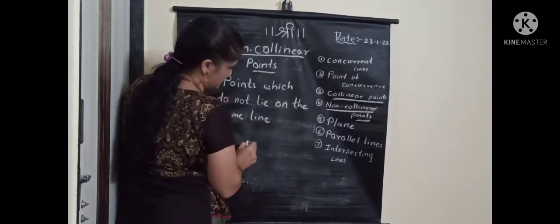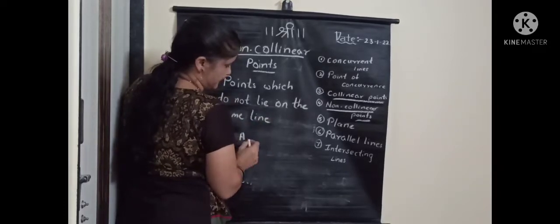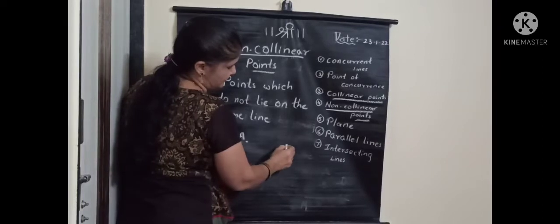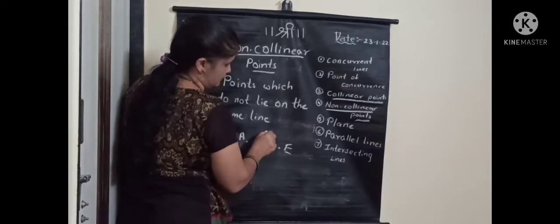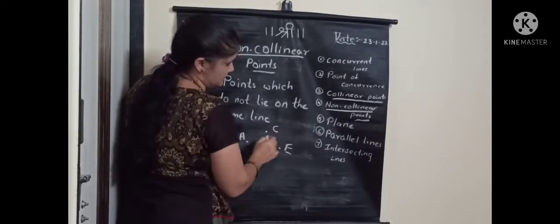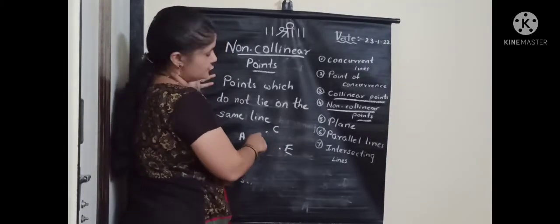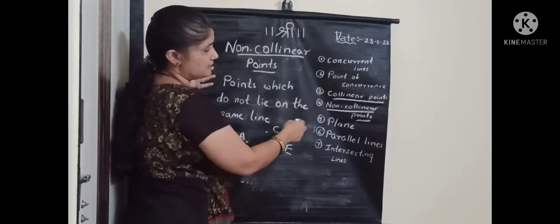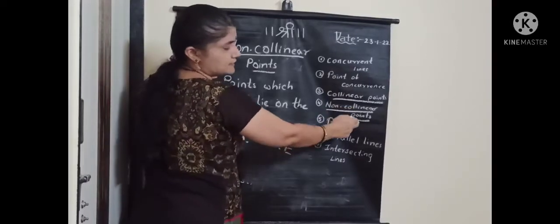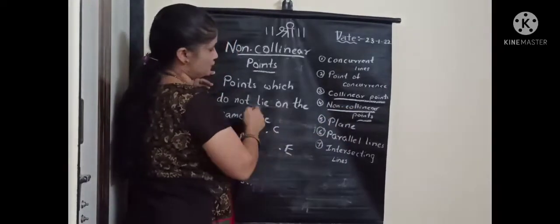For example, point A, point E, point C. All these 3 points are not on the same line. So they are called non-collinear points.